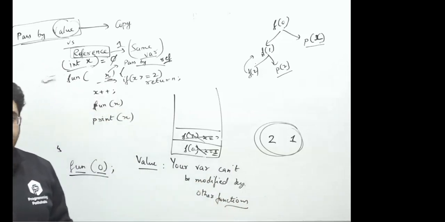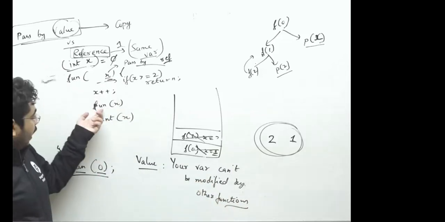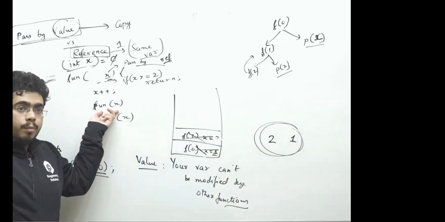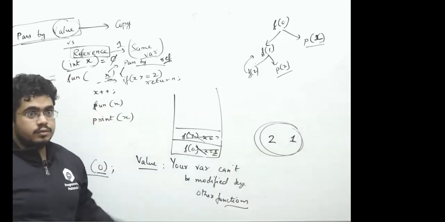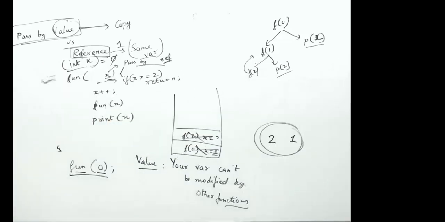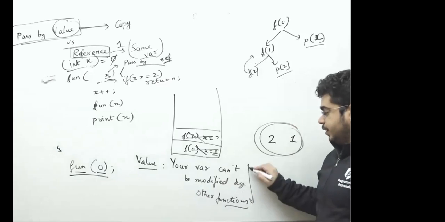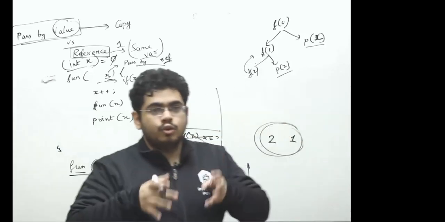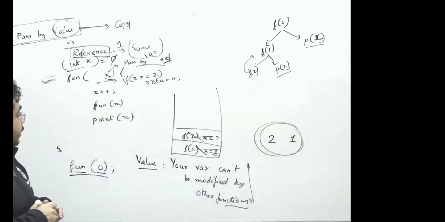Why? Because when you pass it on, they make their own copy and they work with that copy. First, is that clear? Yes or no? Everyone, is this statement clear? That they are your own copy, no one else can modify it, right?